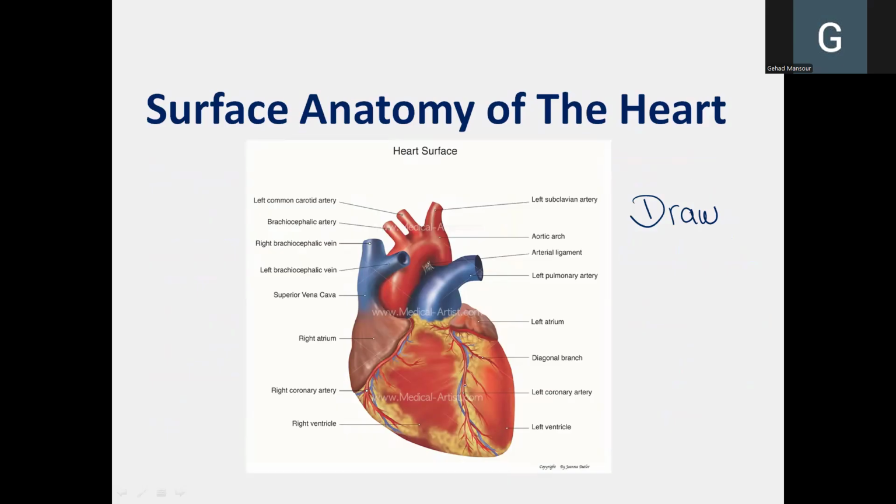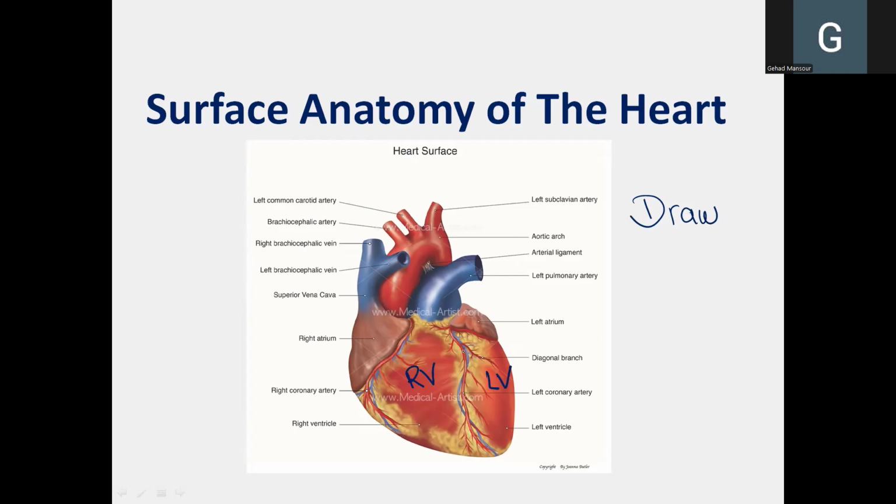Coming back to that diagram, which important question can be asked here? I might ask you to label the diagram. Of course, you should know that this is the surface anatomy of the heart. Here you have the right ventricle, and here you have the left ventricle.